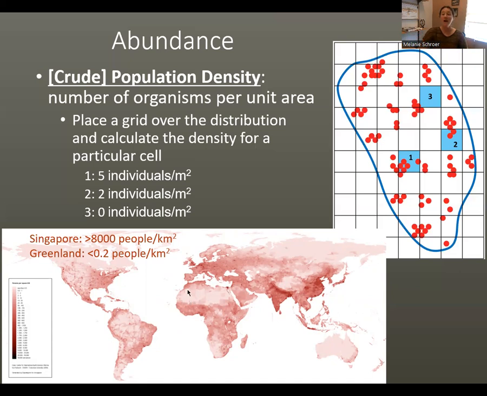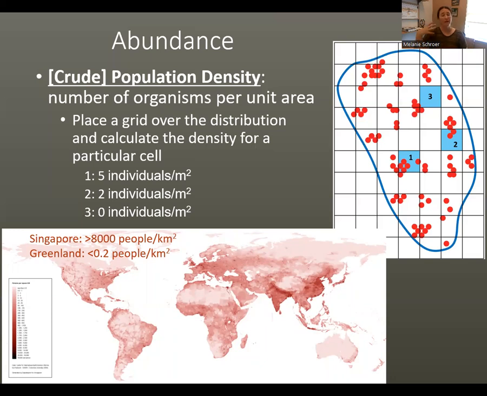Makes sense. But if we were to sample in Singapore, over here, which is a lot darker red, we would count 8,000 people per square kilometer. On the other hand, if we were to sample in Greenland, we would count 0.2 people per kilometer. So very different densities depending on where we're actually looking.